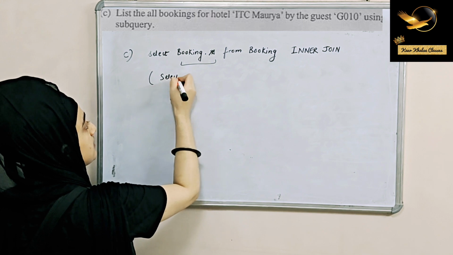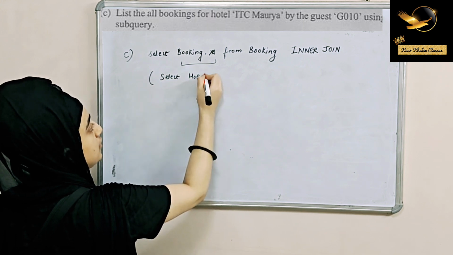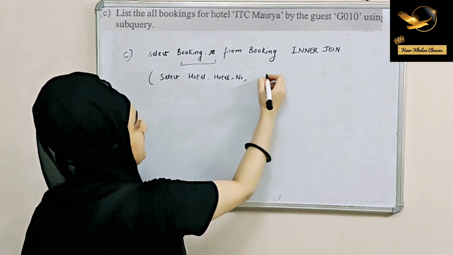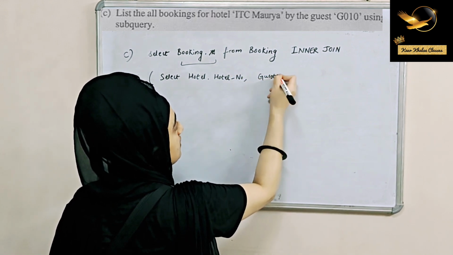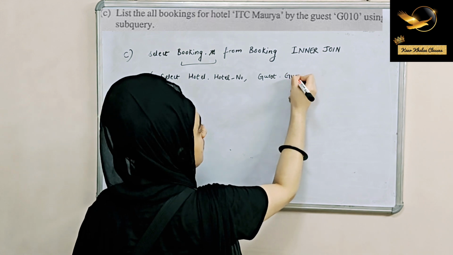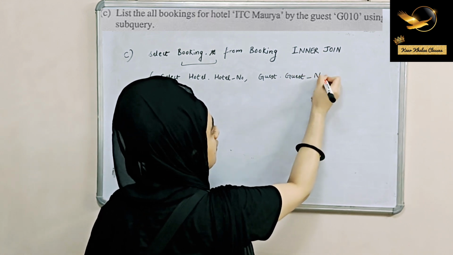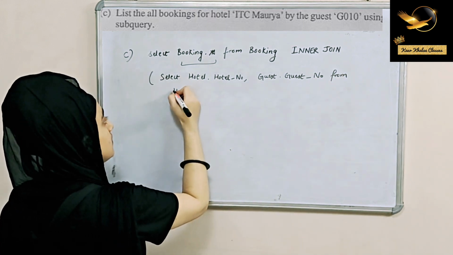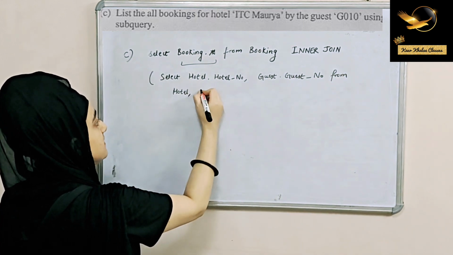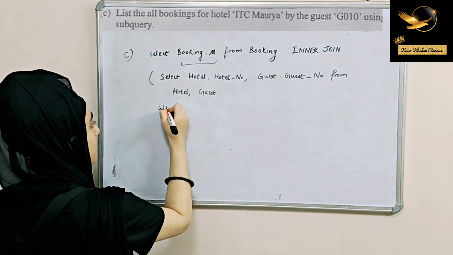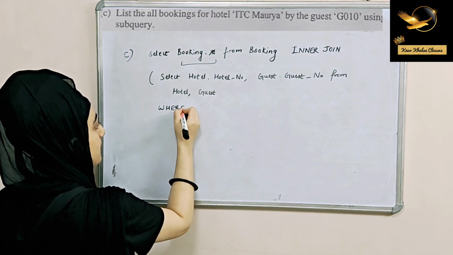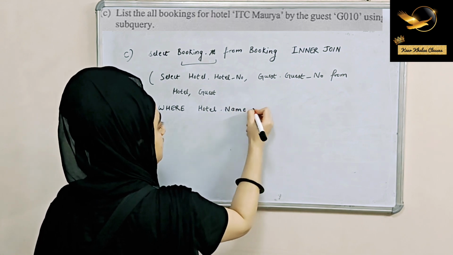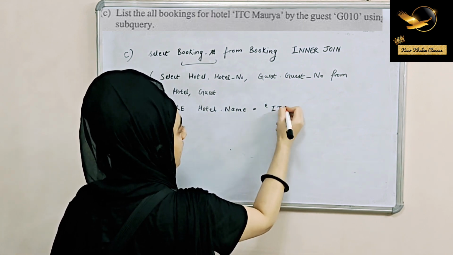select hotel dot hotel number, comma guest dot guest number from hotel, comma guest, where hotel dot name is equal to ITC Moria.